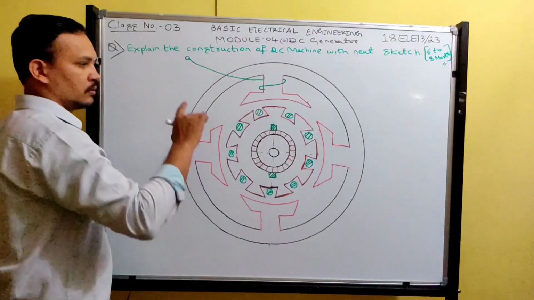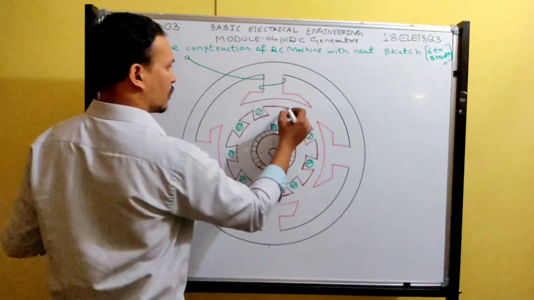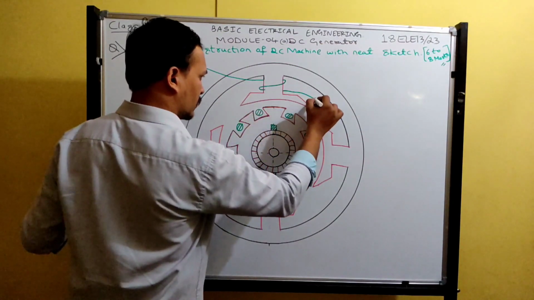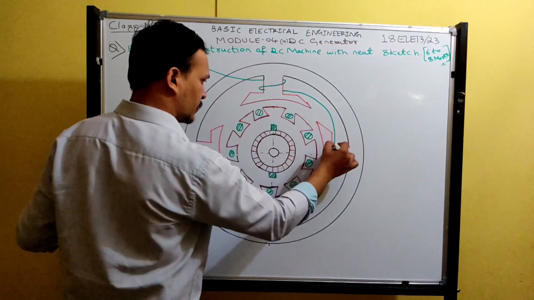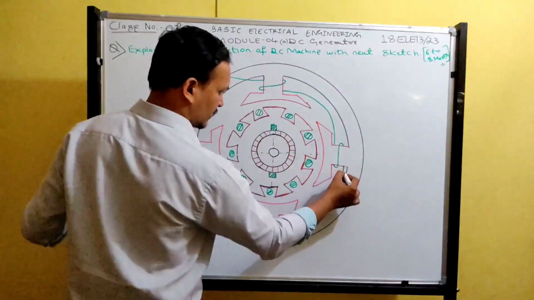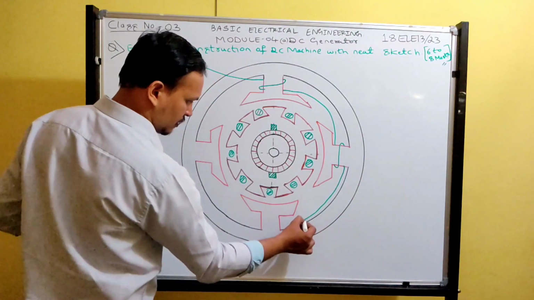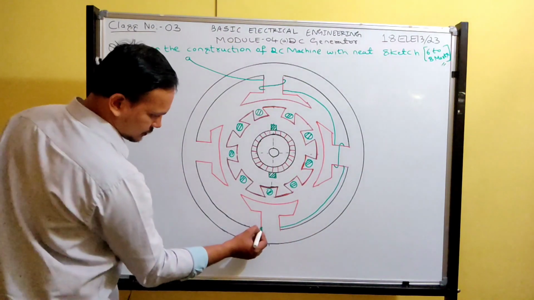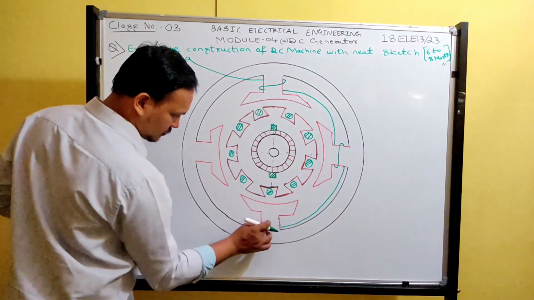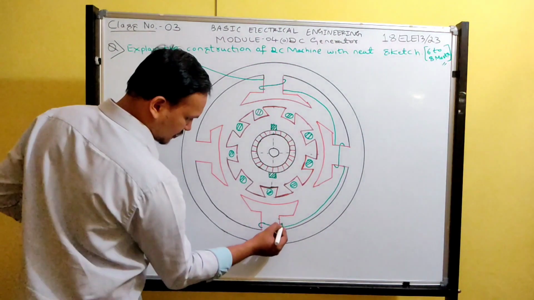So it is wound on the pole core. This remaining part will come here, go and enter into this pole, and get wound n number of turns. Again it returns back to another pole. Now again join like this. Please draw as neatly as possible.